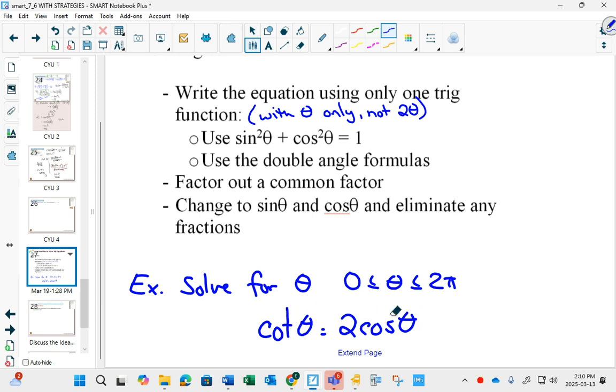We just have cotangent equals 2 cos theta. Can we write this with only one trig function? Is there a way to change cotangent to just be cos? No. So we're going to have to go to our last strategy, which is change things to sine theta and cos theta and get rid of fractions and see what we have.